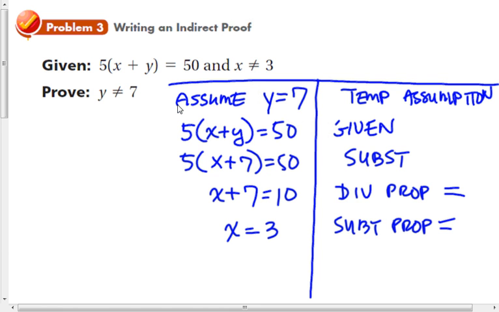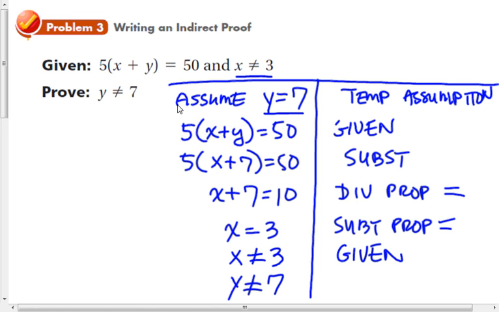And right now, I'm going to write the other thing that I'm given, and that's x is not equal to 3. And that is our given. Since I get a contradiction by assuming the negation of what I was trying to prove, I'm going to say that y is not equal to 7, which is what I'm trying to prove. And we're just going to say proof by contradiction.